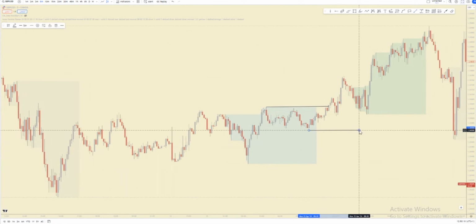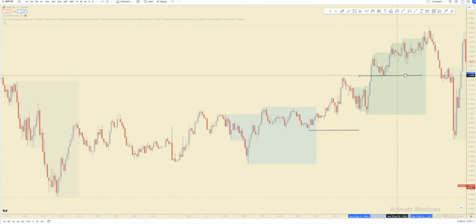So what price did was price had now broken this high. So for us to find a structure shift, price has to break this low because that's the lowest low. But it didn't. Instead, it broke this other high and formed this one. So this becomes our new high and this becomes our new low.